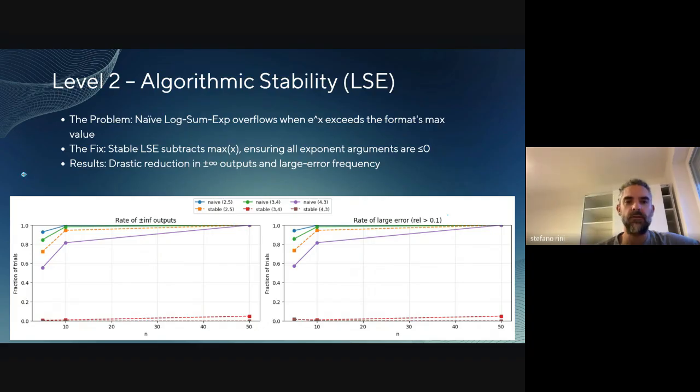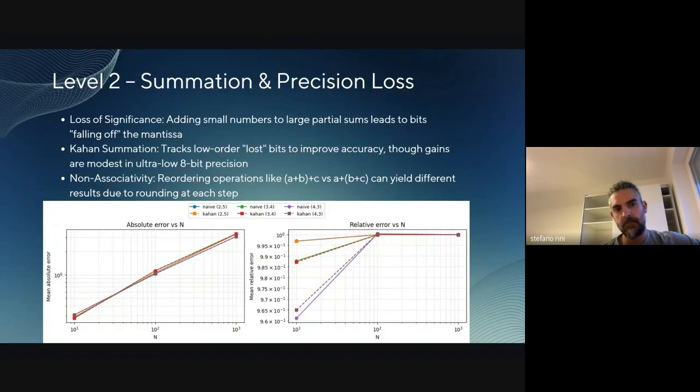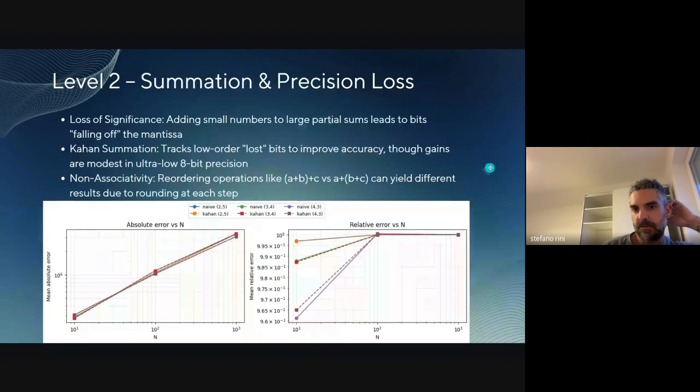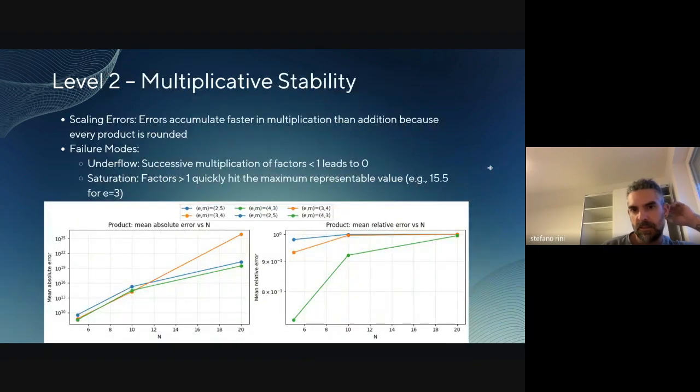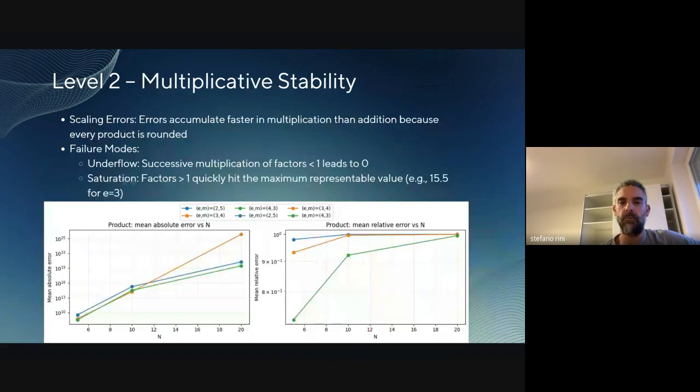Do you have the curve of the... go back one slide. Can you go back to the previous slide? No, not at the beginning, just the previous slide. So next. Like here, do you know what is the overflow, the plus and minus inf with the previous slide? What are you comparing? Do you have the plus and minus inf here?